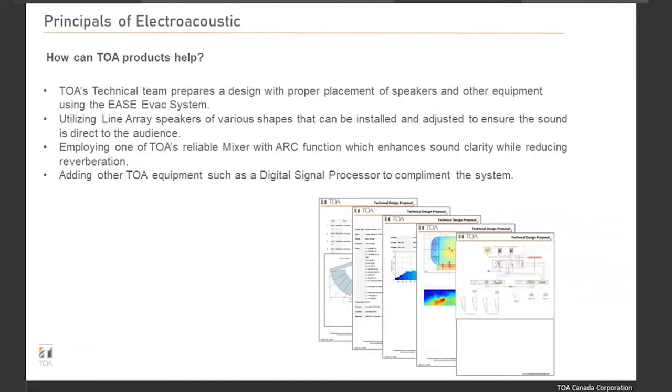Employing one of our reliable mixers with the ARC function enhances sound clarity by reducing reverberation. ARC stands for Automated Resonance Control, and it's really helpful. Adding other TOA equipment such as a DSP, a digital signal processor, will help complement the system and just make it sound better.